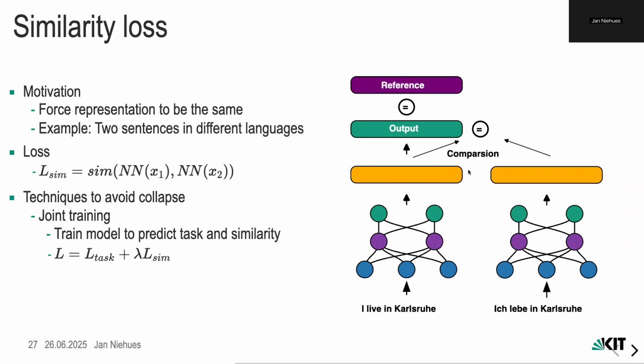And then this zero is no longer helpful. That's no longer a good solution, because if you map everything to the same thing, your model performance on the task will be very bad. So one idea is to train the model jointly with the prediction task or the generation task, anything you have, and your similarity task. By having this one as just one part of the loss function, you're preventing that.